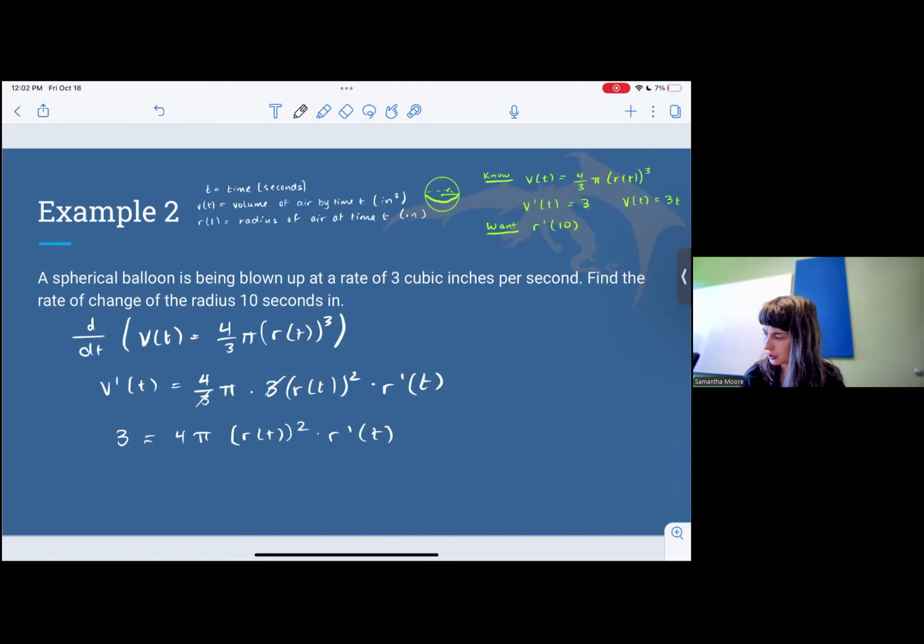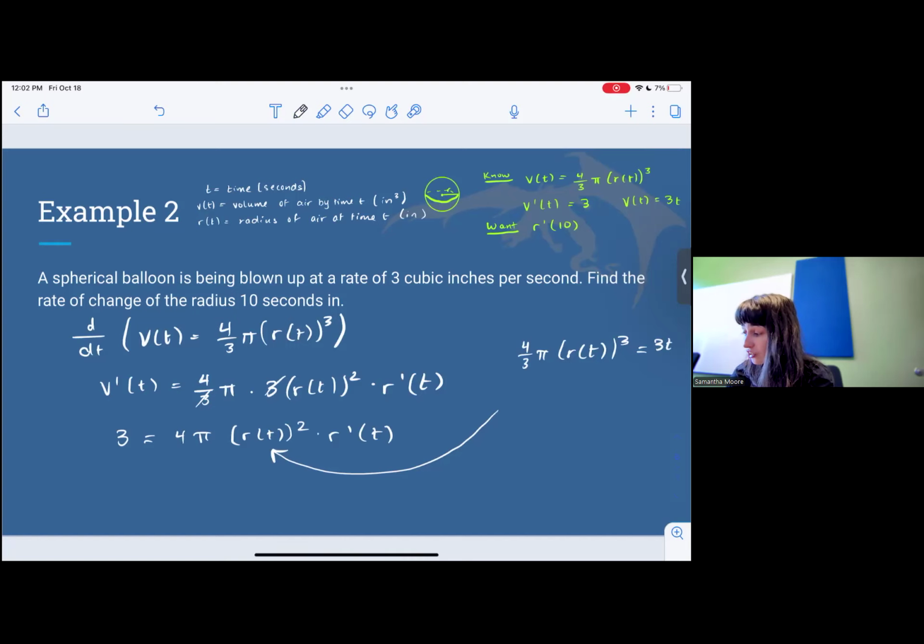And it doesn't feel like I quite have that until I look back at my knowns. I realize I have these two different equations about V(t). So maybe if I combine those, I can get something. So again, I'm trying to find an equation for r(t). I knew that V(t) was 4/3 pi times r(t) cubed. I also know that V(t) equals 3t.